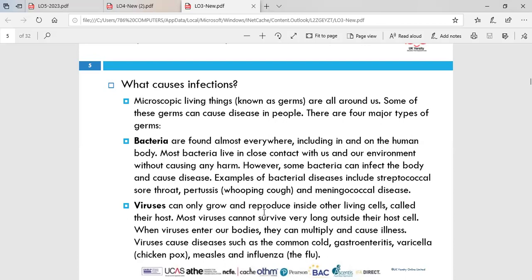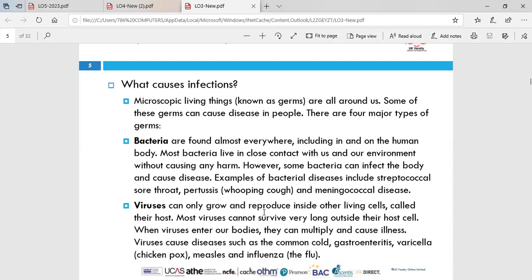Rabies. Very good. Rabies can be spread from the dog to us. Most viruses cannot survive for very long outside their host cell, so they'll die. They can't live in natural environments.